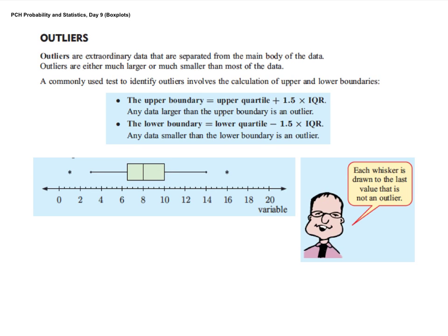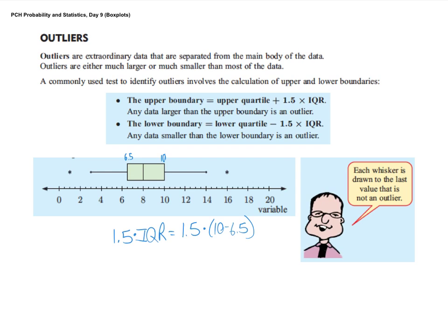So we have 6.5 and we have 10, which means the IQR is... or I'm sorry, not 1.5 times. 1.5 times the IQR is 1.5 times the 10 minus 6.5.